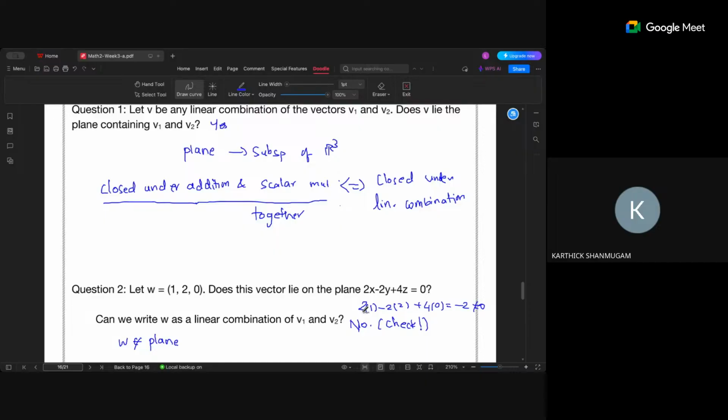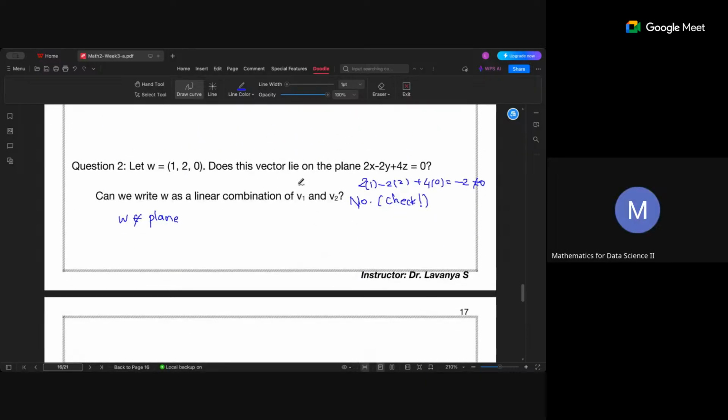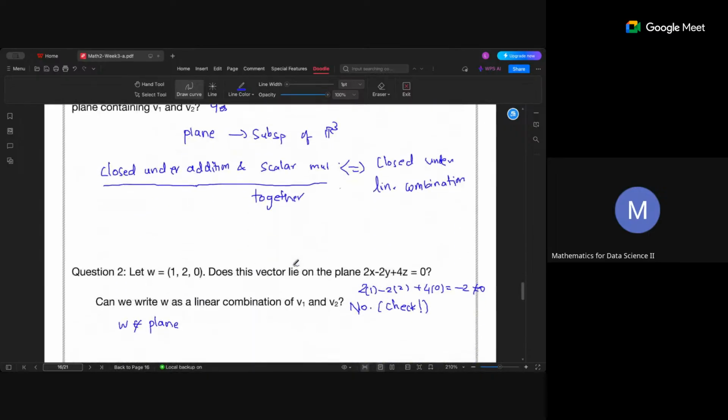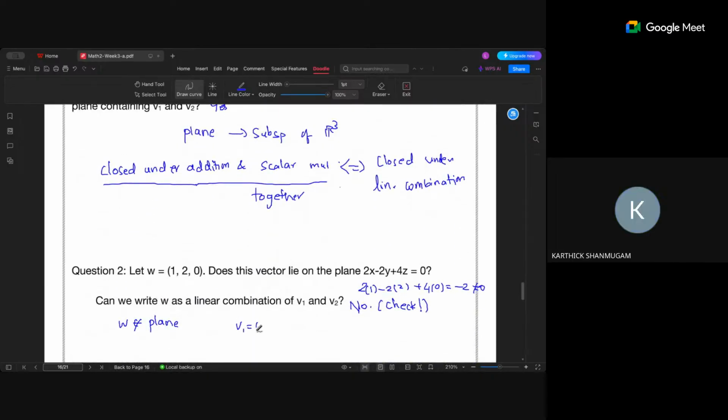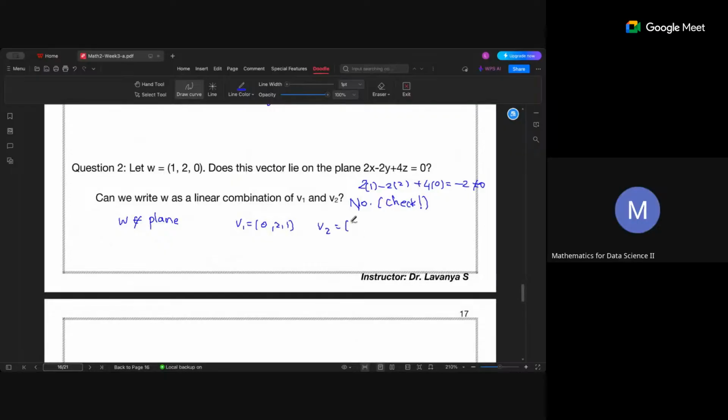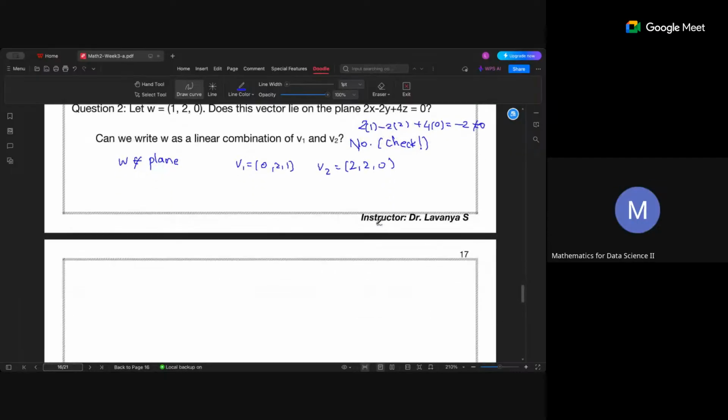So I'm asking specifically, what is V1? (0, 2, 1). And V2 is (2, 2, 0), right? Okay, specifically, if we take this (1, 2, 0), can it be represented? Okay, understood. It cannot be.